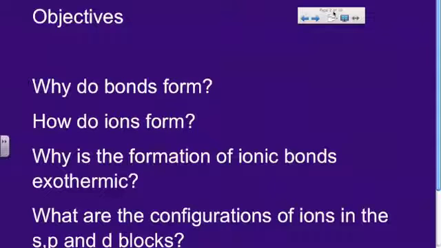You should understand and be able to explain why the formation of ionic bonds is exothermic, and you should also be able to give the configurations of ions in the s, p, and d blocks. Furthermore, which you should already know, is how to balance charges in order to get the formula of a compound.